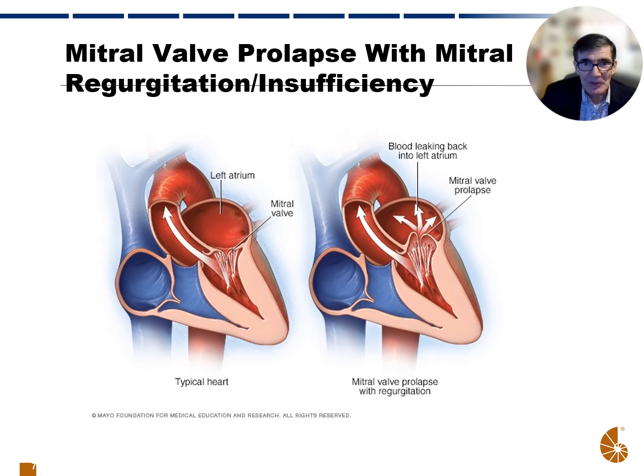In the picture to the right, what happens is instead of the blood all going from the left atrium to the left ventricle, the valve allows blood to regurgitate back into the left atrium because the valve is prolapsing. So the combination of the diagnoses mitral valve prolapse with mitral regurgitation, you may see noted in an APS.